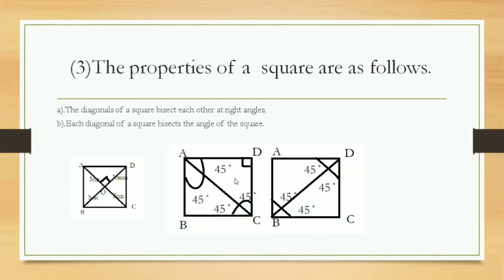Look here, this is the square, and we know each angle is 90. When you draw a diagonal, both the angles will be equal, 45, 45, bisected. 90 is divided into 2 parts, 45 degree, 45 degree, here also 45 degree, here also 45 degree, because diagonals bisect the angle of the square.